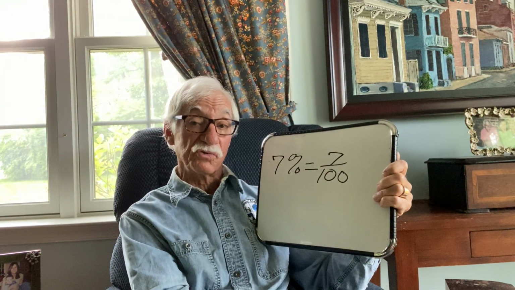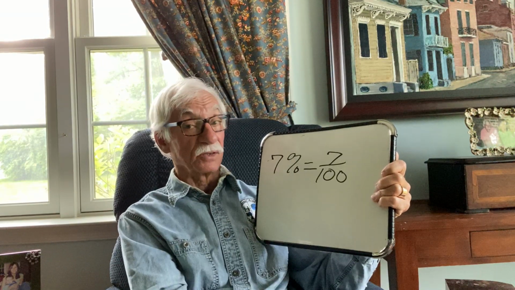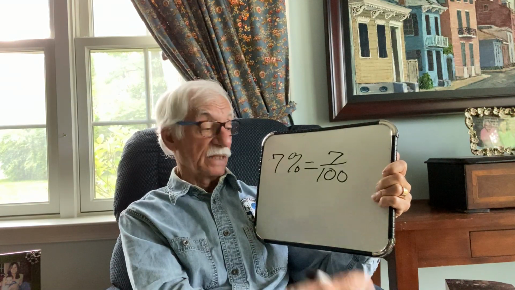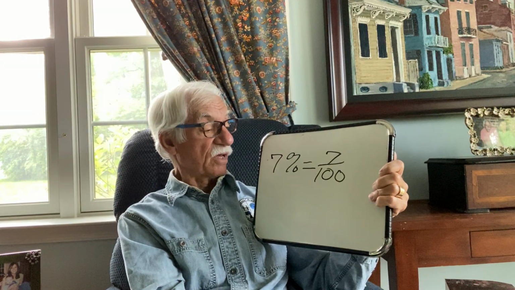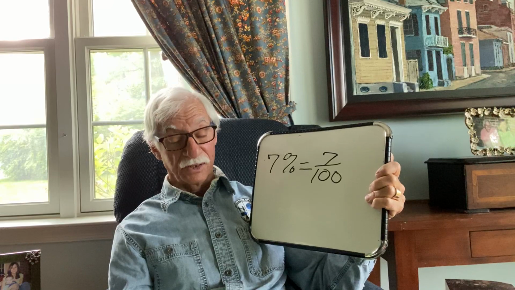Now this is a bit advanced, but can 7/100ths be reduced? Is there a common factor in 7 and 100 that allows me to reduce that? This is for you advanced guys. It cannot be reduced. So 7% expressed as a fraction is 7/100ths.